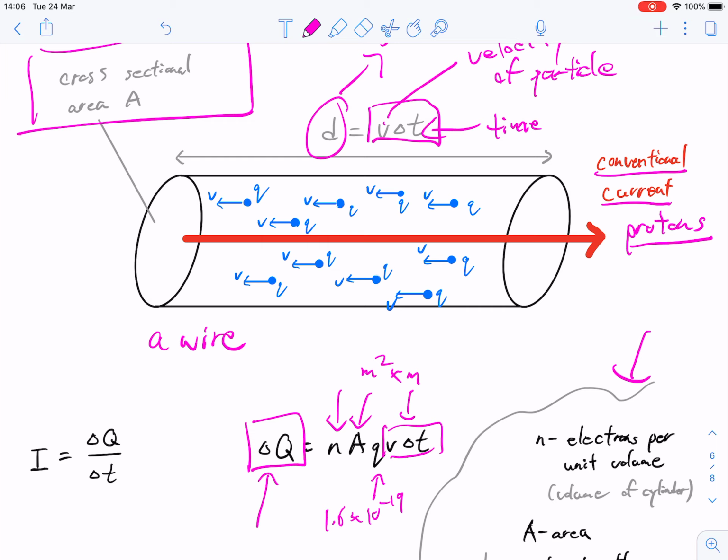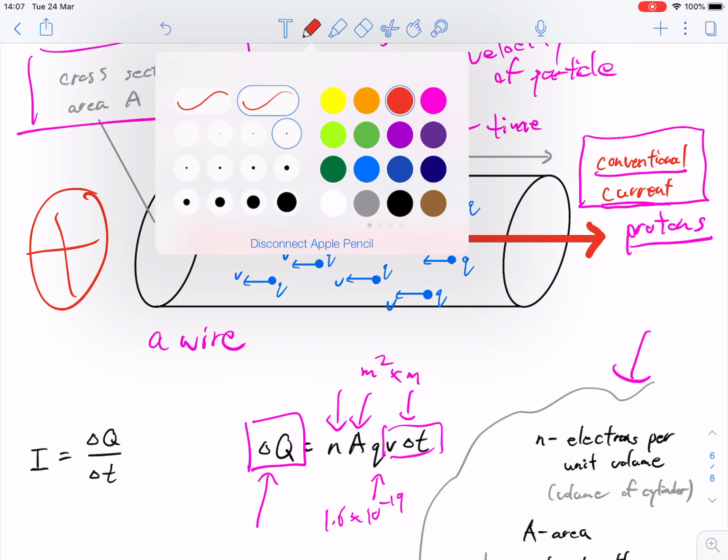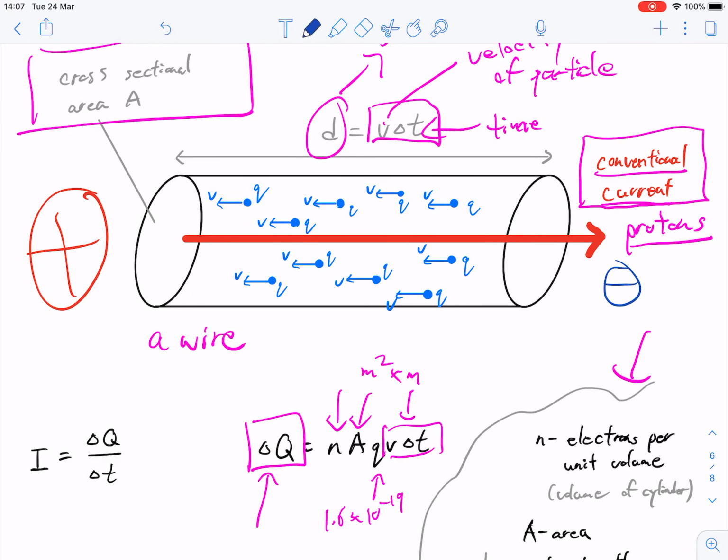And eventually we discovered that it was not the positive charges, but it was in fact the negative charges that were moving. So when you see the word conventional current, this is referring to protons moving from a high positive potential into a negative voltage or lower voltage area over here.